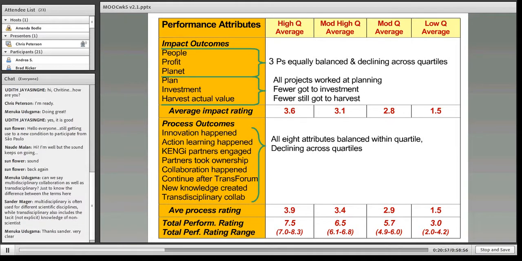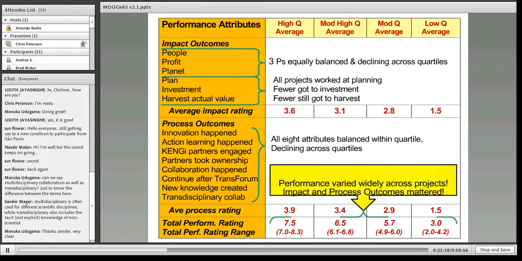And the average process rating here went from 3.9 at the highest quartile of performance down to 1.5. But the critical thing to understand here is that performance did vary widely across the projects, and impact and process outcomes really did matter.